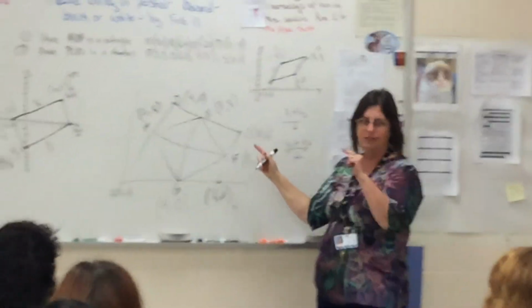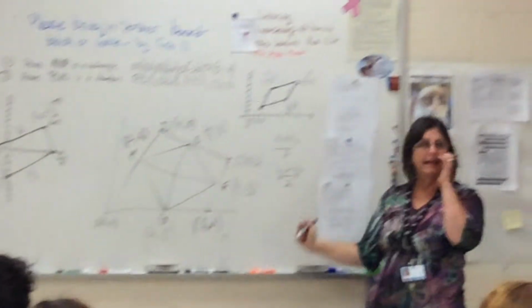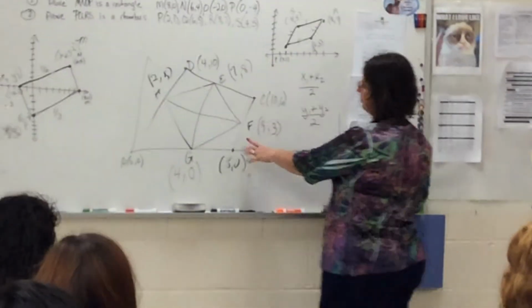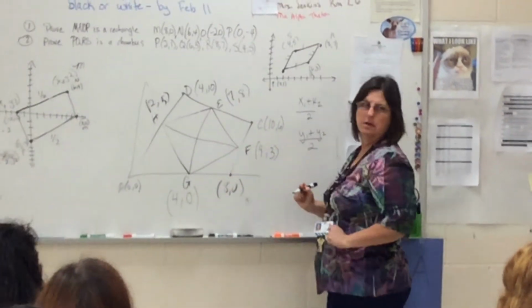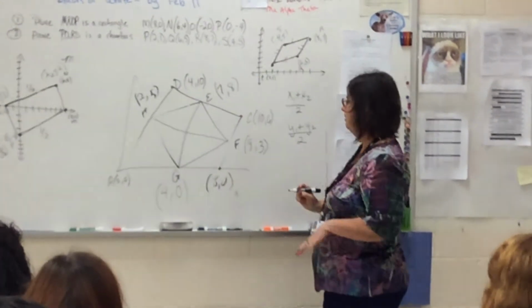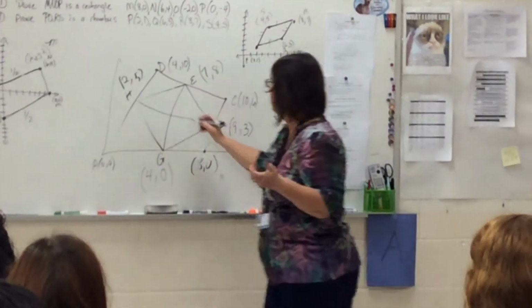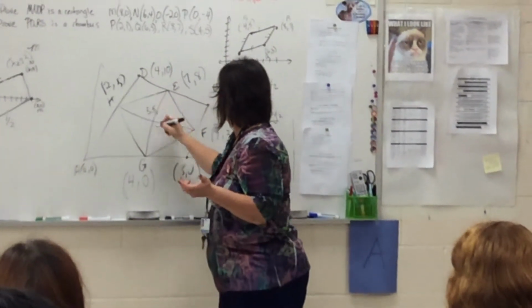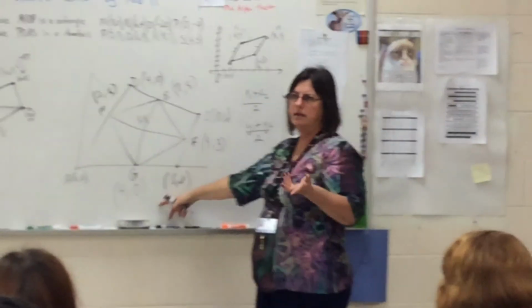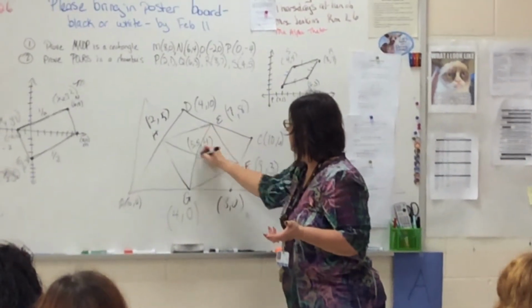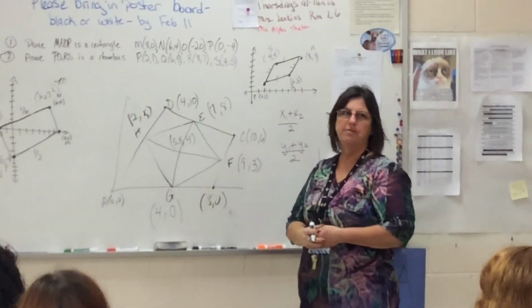Because let's do the midpoint of these points to see if they are in fact a parallelogram. 7 plus 4, 11. 11 divided by 2, 5.5. 8 plus 0, 8 divided by 2 is 4. So the midpoint between here and here is at 5.5, 4.